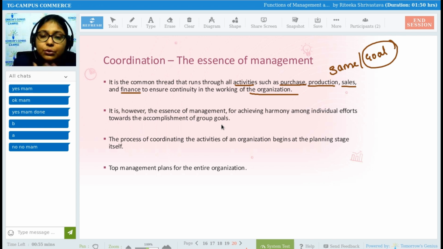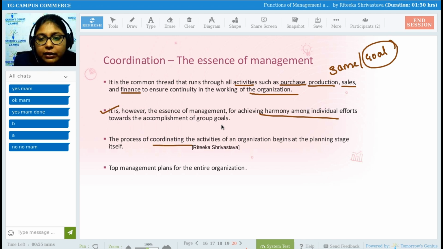So every department has to be coordinated, have good relations and be in constant contact with each other, because ultimately you are working for the same goal. It is the essence of management for achieving harmony among individual efforts towards the accomplishment of group goals.